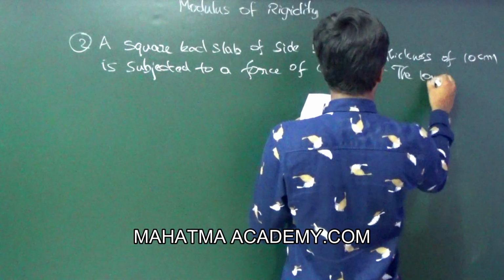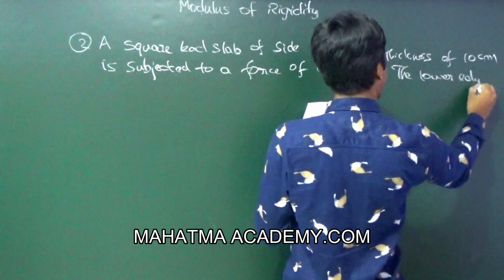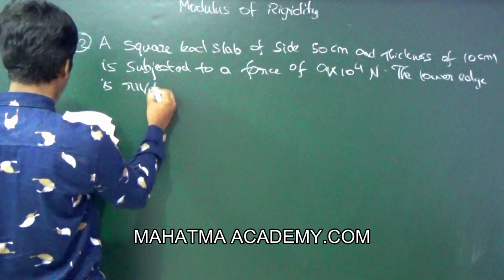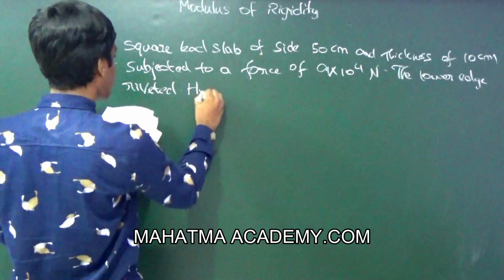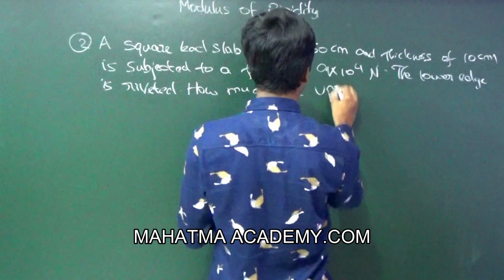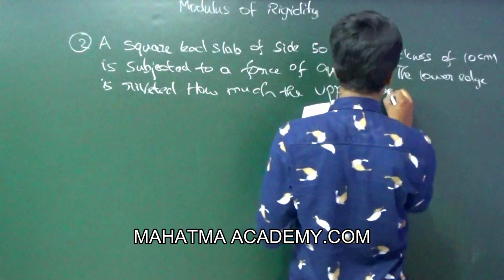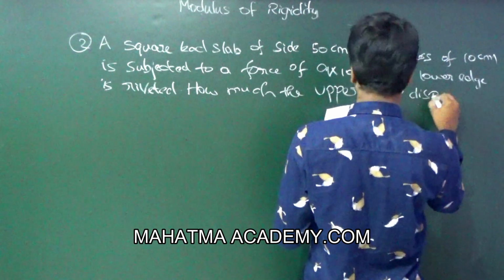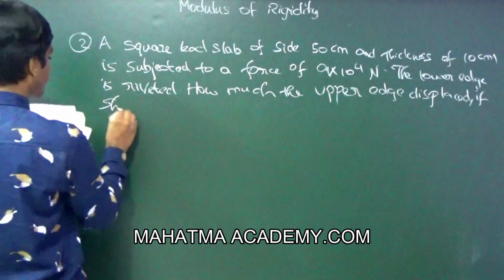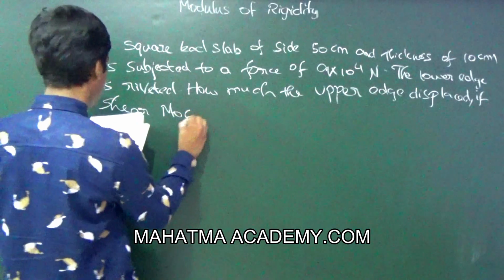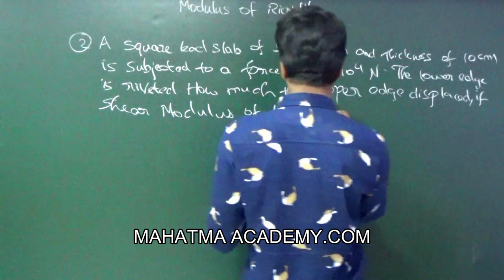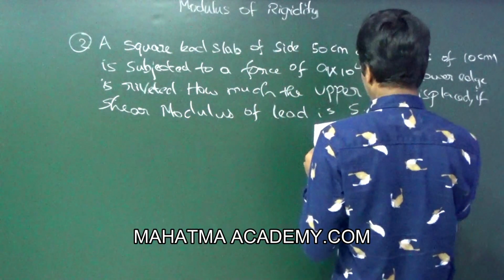The lower edge is riveted. How much is the upper edge displaced if the shear modulus of lead is 5.6 into 10 to the power of 8 Pascal?